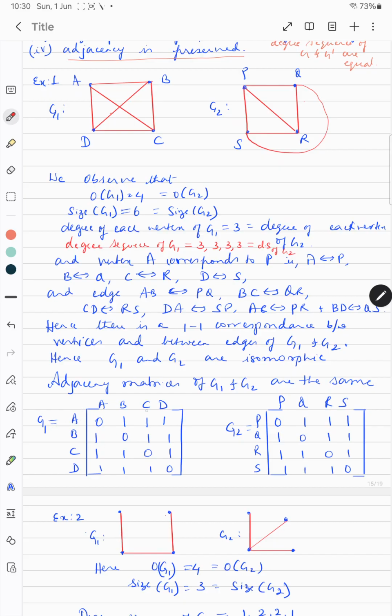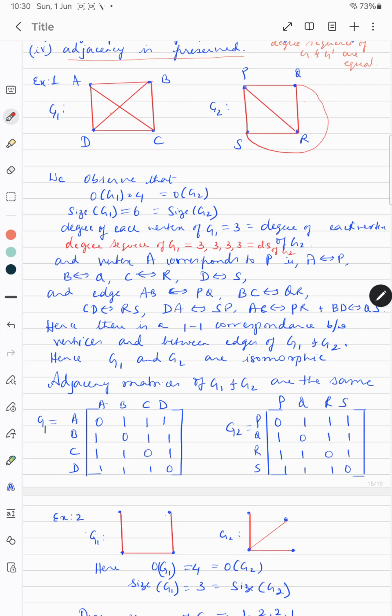For G1, we label the rows and columns as vertices A, B, C, D. And since there is a one-to-one correspondence between A and P, B and Q, C and R, D and S, in the second adjacency matrix we label the rows and columns by P, Q, R, S.